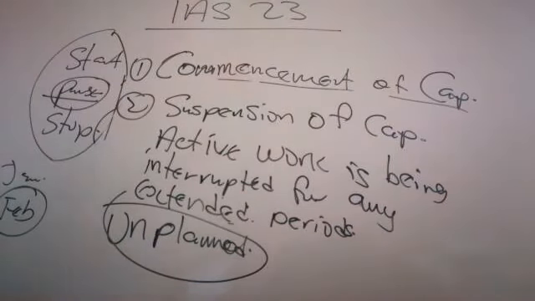Good. So that is it. Now let's look at some few examples. I'll cite some examples here, then you tell me whether they should suspend or continue capitalizing. If it is planned and falls within the administrative work, then the borrowing cost must be continued. Good. So basically, that is it.